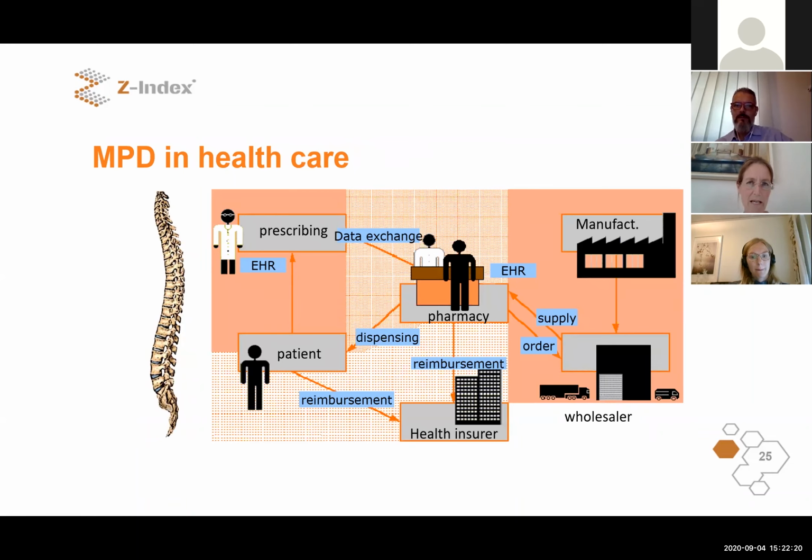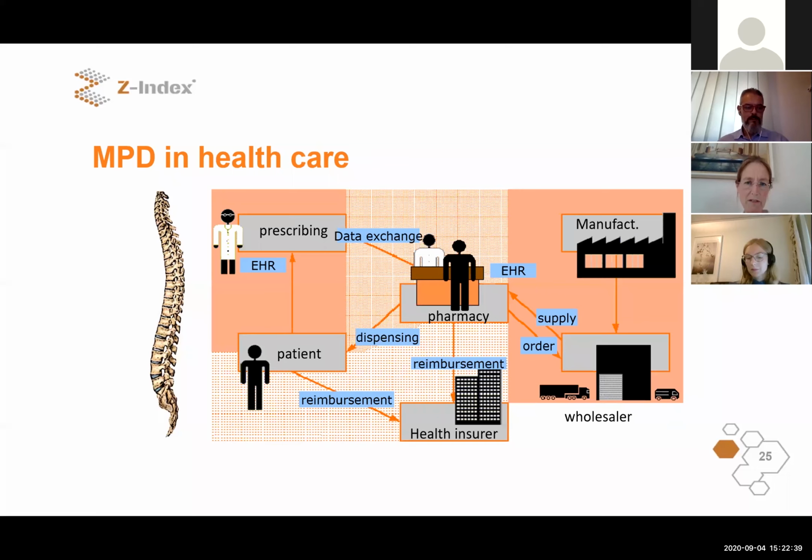Here you can see the place of a medicinal product dictionary in the broader area of healthcare. There are many countries that have a medicinal product dictionary or drug dictionary, and it has many functions.